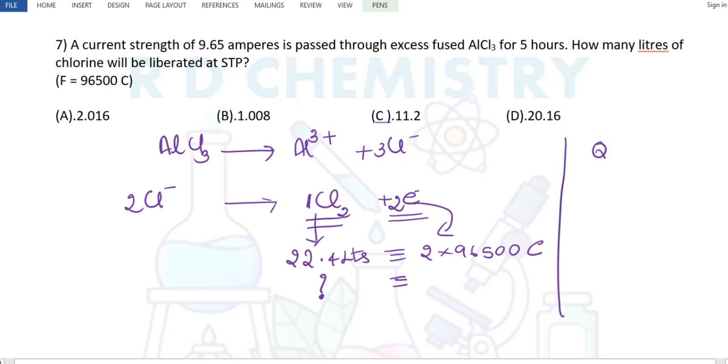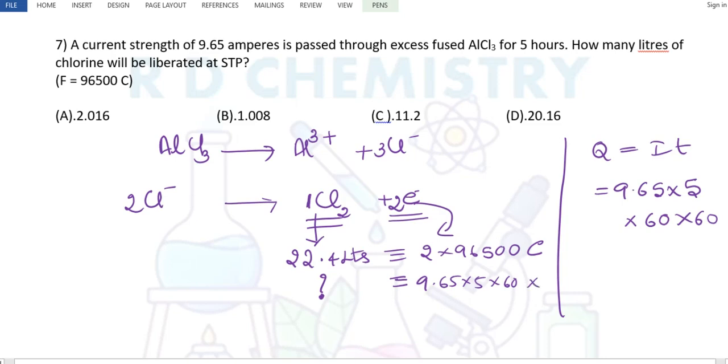How do you calculate the given number of coulombs? Coulombs Q is equal to I into T according to the first law of Faraday. I is given as 9.65, and time is given as 5 hours. Convert into minutes by multiplying by 60, and minutes into seconds by multiplying by 60. So I'll write 9.65 into 5 into 60 into 60.